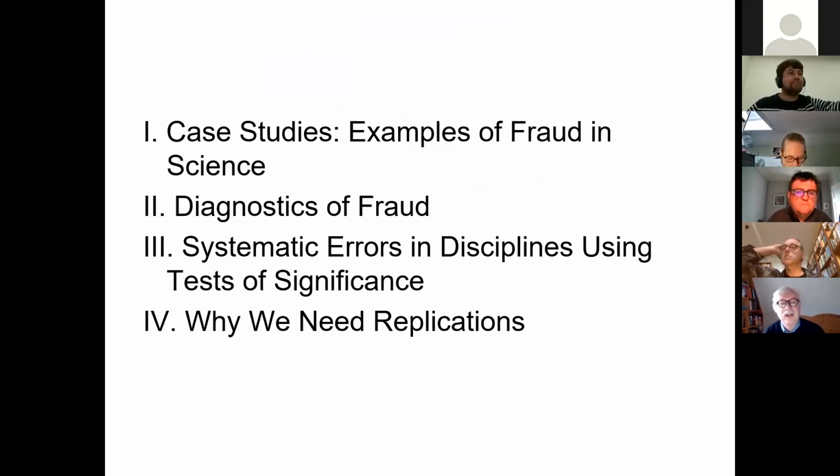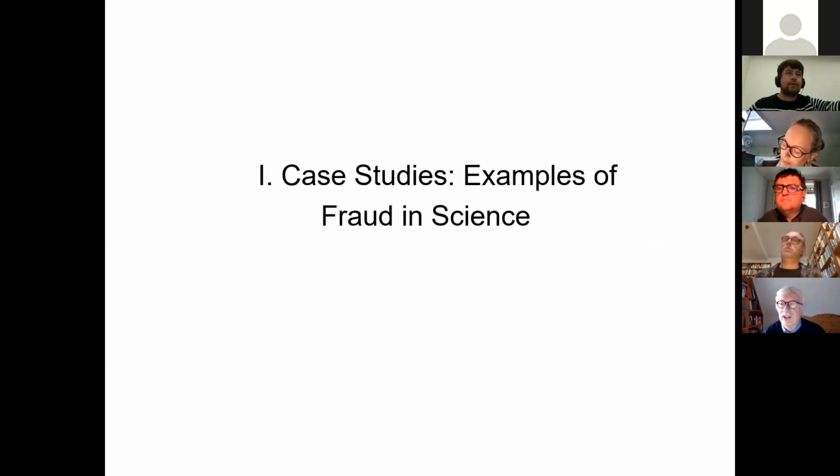Then I will outline some methods of the diagnostics of fraud. I'll deal with systematic errors and the work of Humanities, and I conclude with why we need replications. Now, let's start with some case studies.